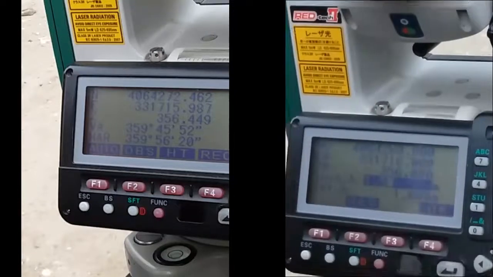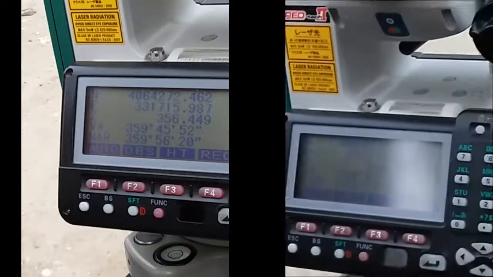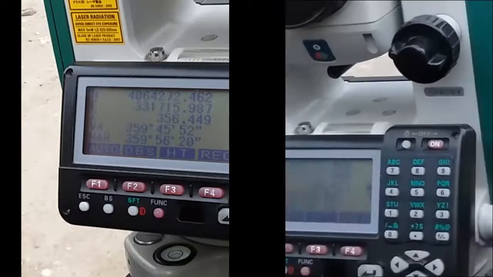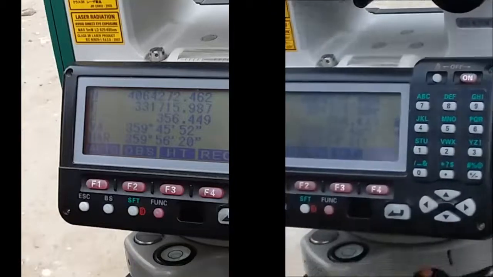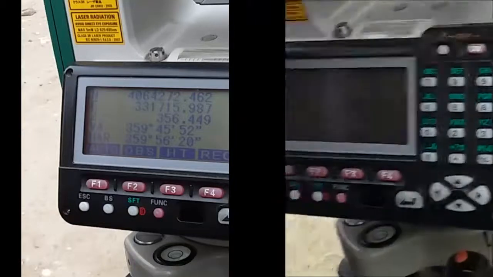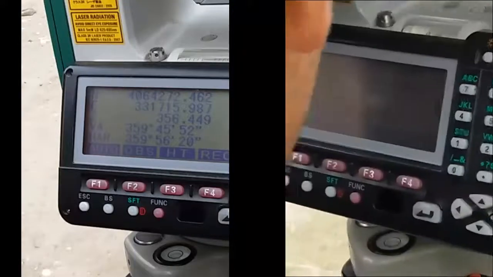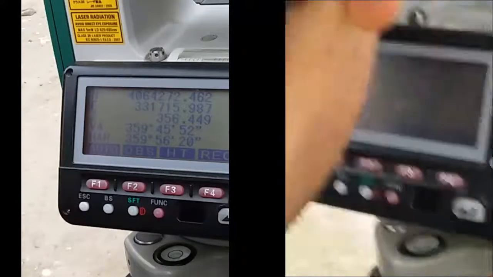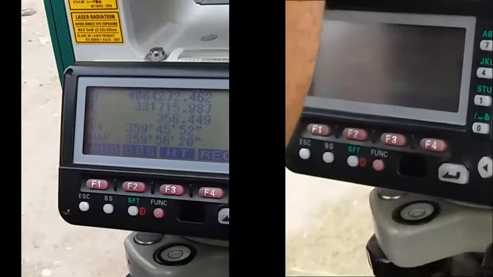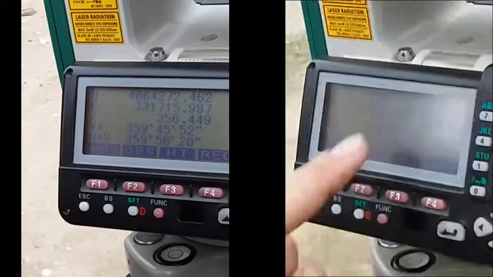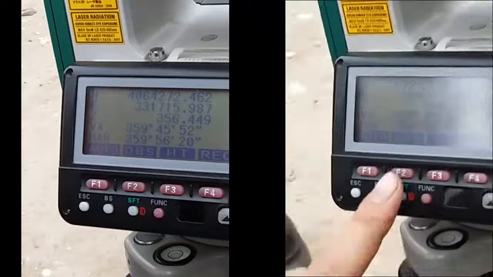To be sure, taking once more observation, taking the prism to the same point. Let's see how it's going to be. Observing the point. Okay, observe.